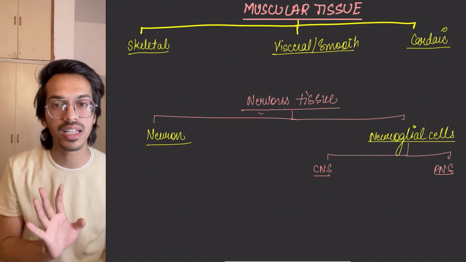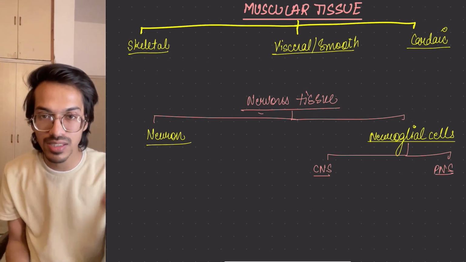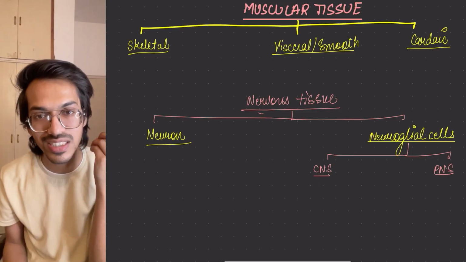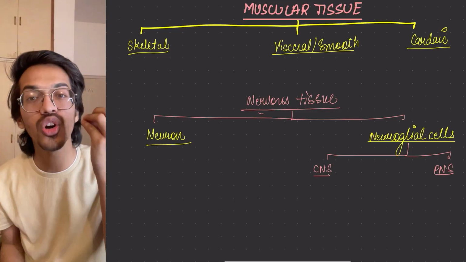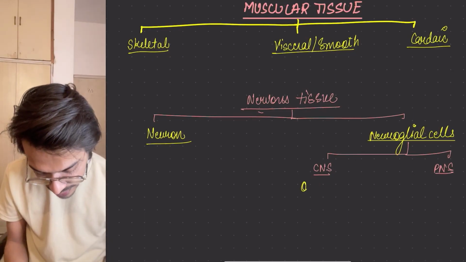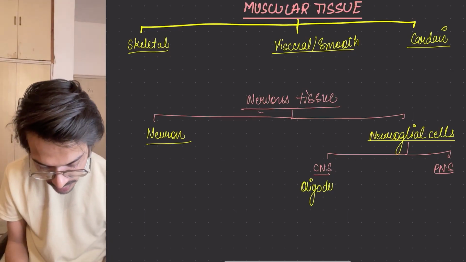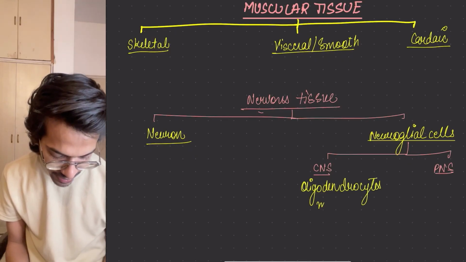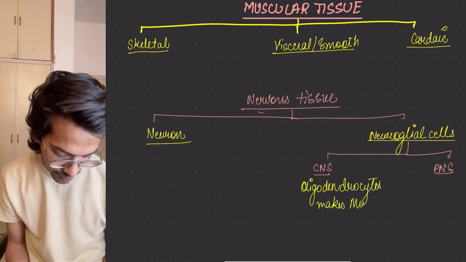That name of the cell you have to remember. In the central nervous system, in your brain and your spinal cord, wherever the myelin sheath is present, your neuron will appear white in color. This is done by oligodendrocyte types of neuroglial cells, which make the myelin sheath.